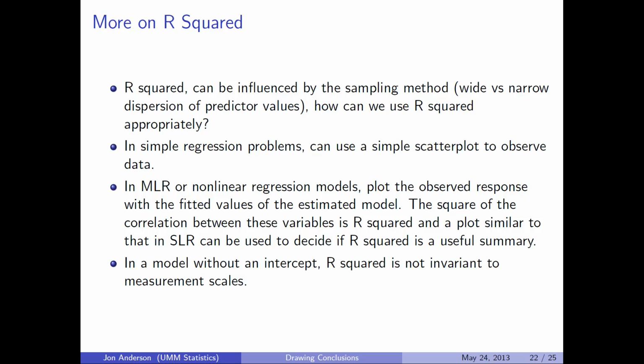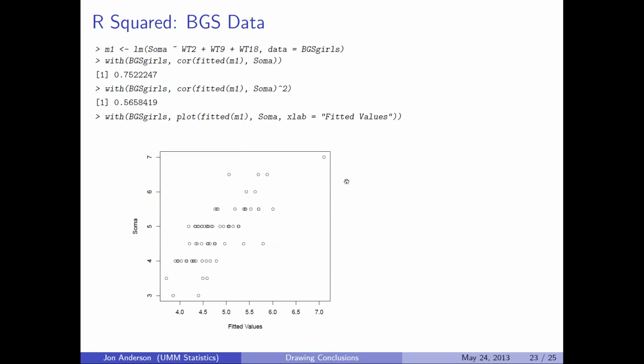What we do to get some kind of graphical display is to plot the observed y values on the vertical axis and the predicted values of y on the horizontal axis. And the square of the correlation from that summary is R squared. And so you can visualize R squared with a plot.